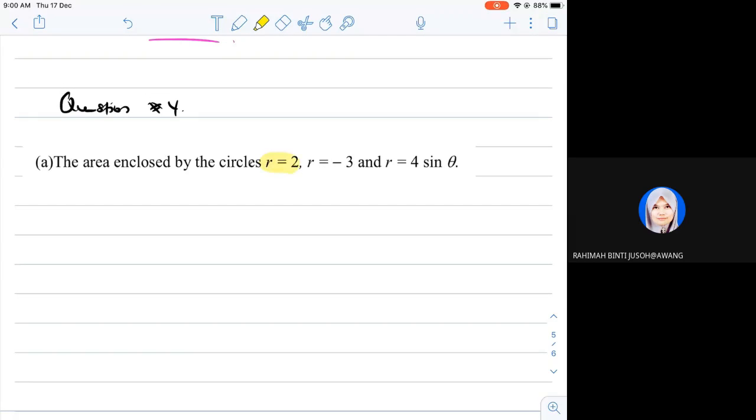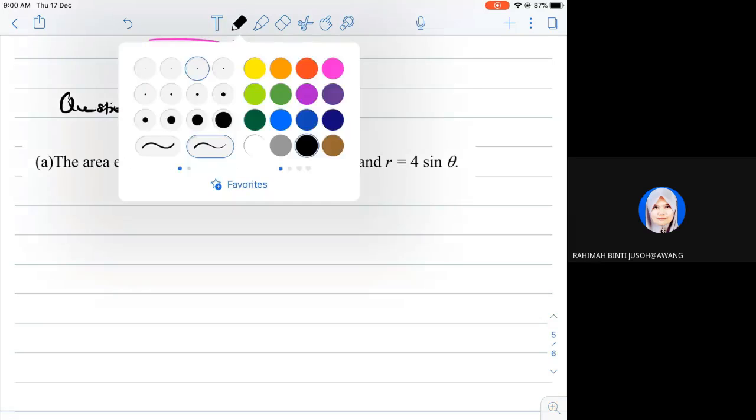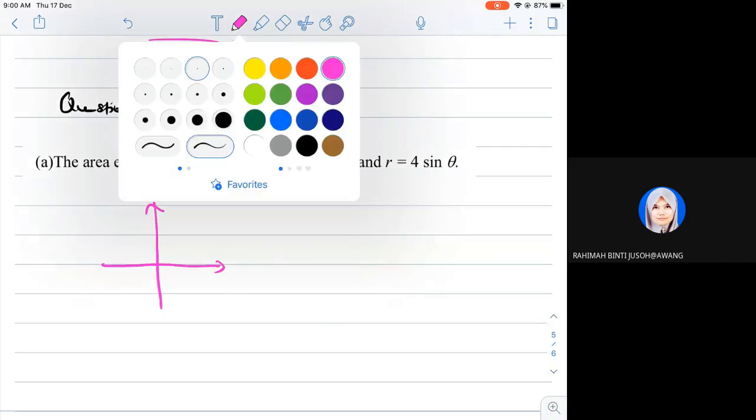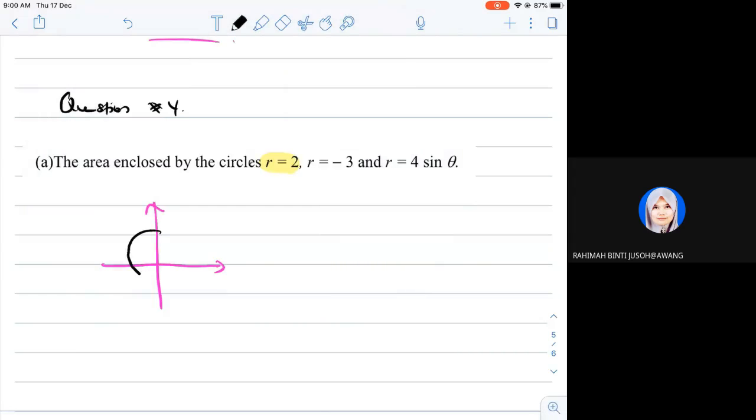Let's say we look at the first one, r equals 2. So it's very simple, guys. Of course, we have radius 2. So this is the radius, and then we just consider all of this. So of course, the area should be half multiplied by the integral from 0 to 2 pi of 2 squared d theta.